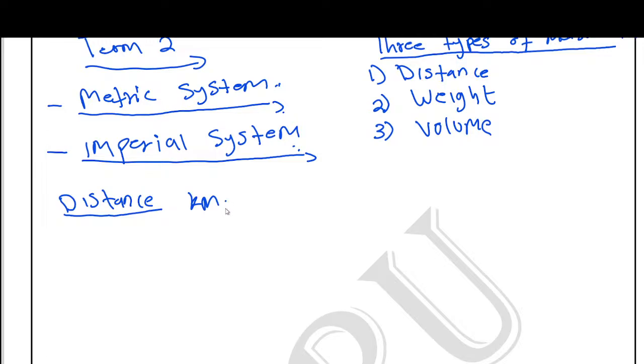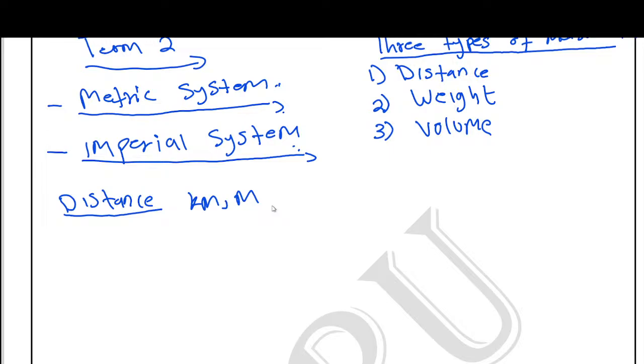Now, the other units under distance: meters. Meters are also used on larger distances, but not extremely large distances. For instance, if they want to measure the width and the length of an actual house, they can use meters. If they want to measure the length and the width of a yard, they can also use meters.